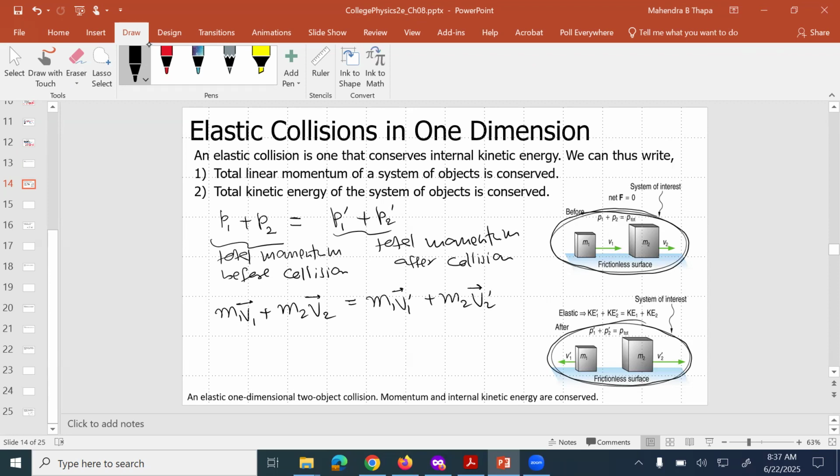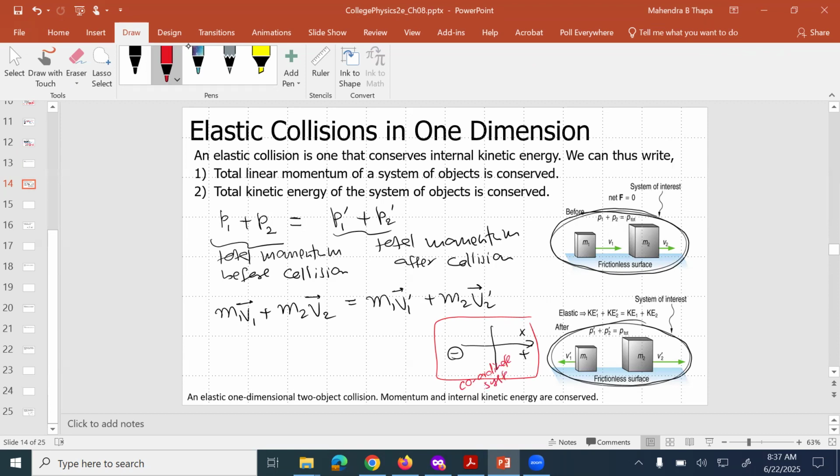Okay. So if I choose the coordinate system as x-axis, left is negative and right is positive, this is my coordinate system.